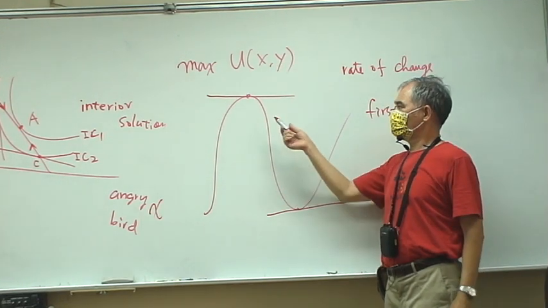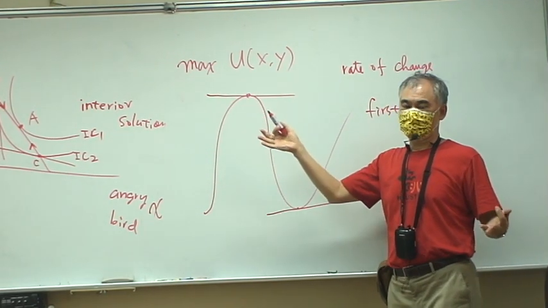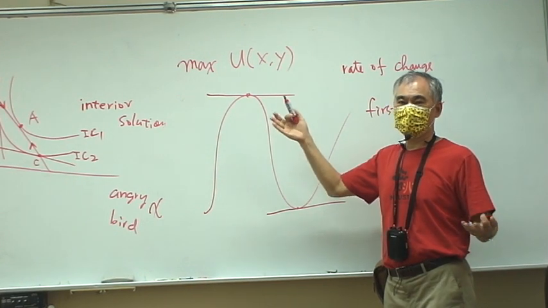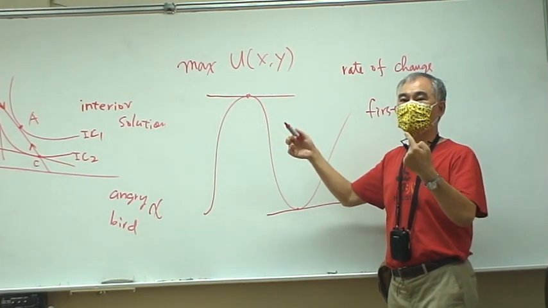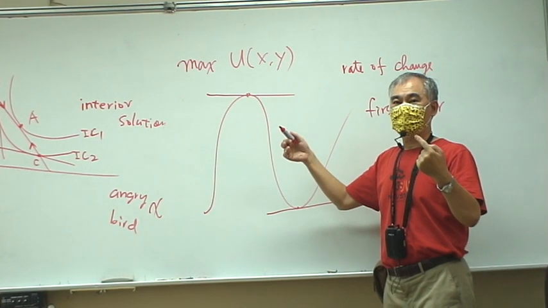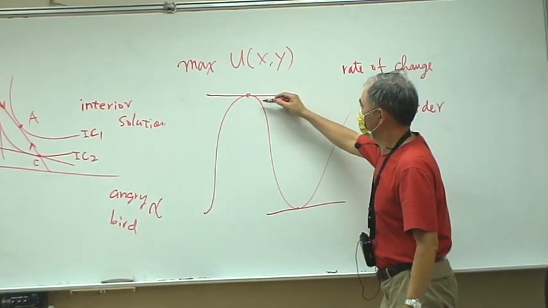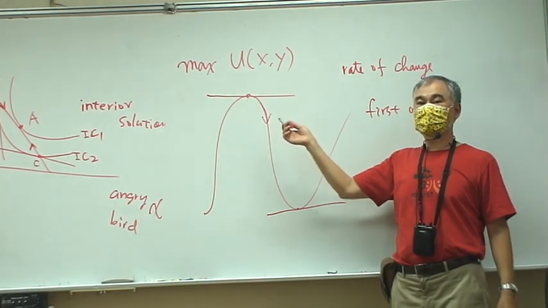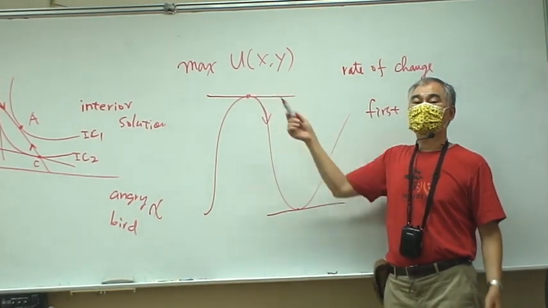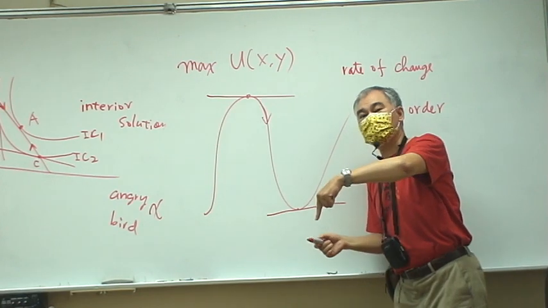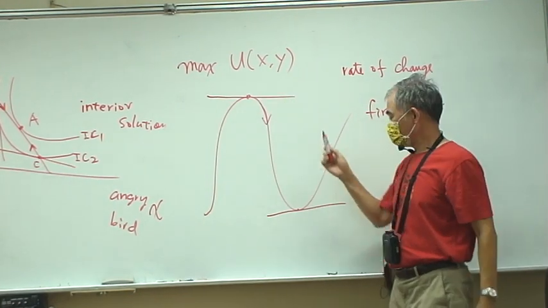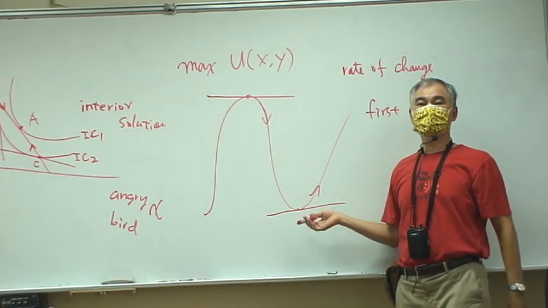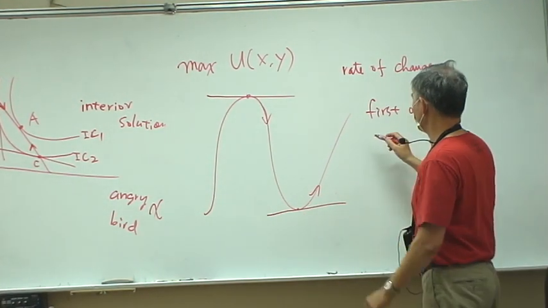If you find the first order condition, you cannot be sure whether that's a maximum or minimum. You have to check again. How does the function change? If it is going down, it's at the top. If you are going up here, it means it's at the bottom. So this is called the second order condition.